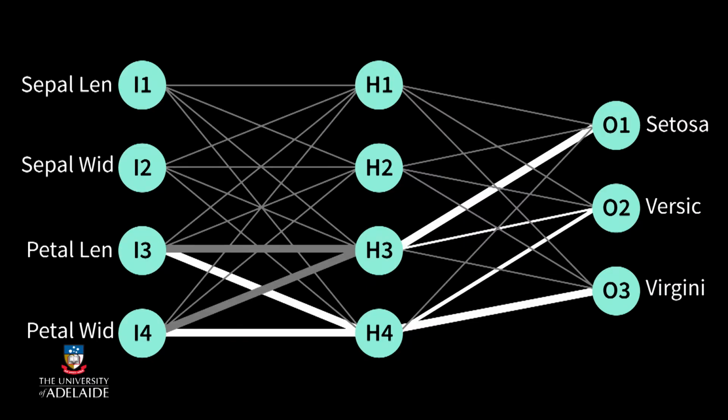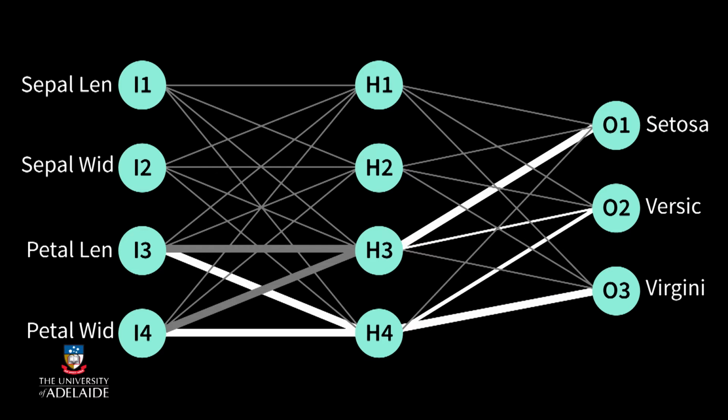Let's take a look at the iris data that we saw in Section 4. There are 4 input parameters: petal length, petal width, sepal length, and sepal width. If you built a neural network for the iris data, it could look like this. In this case, this network has been set up to classify the input data based on the petal size.